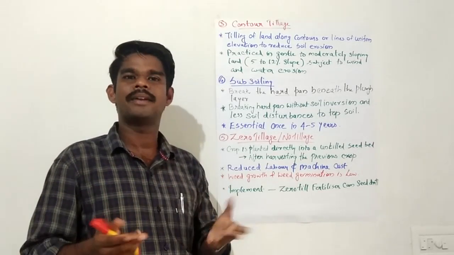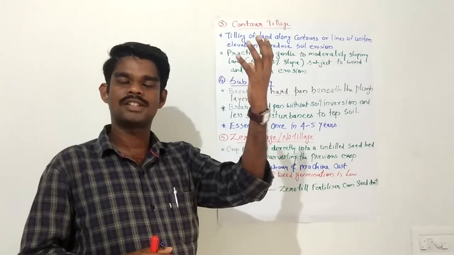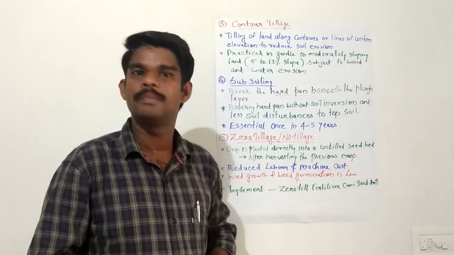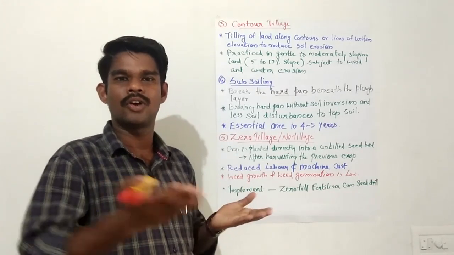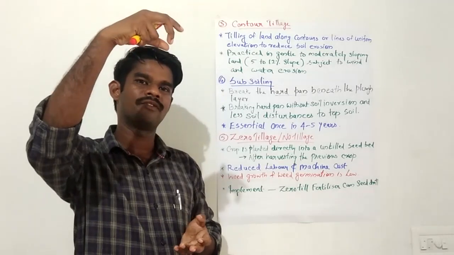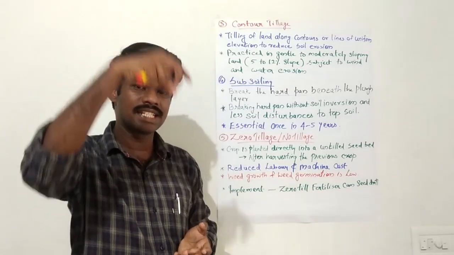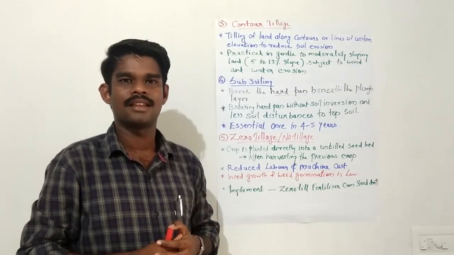As a result of the hard pan, the soil water absorbing capacity will be reduced because it forms a hard layer. So the water entering the soil will be inhibited.